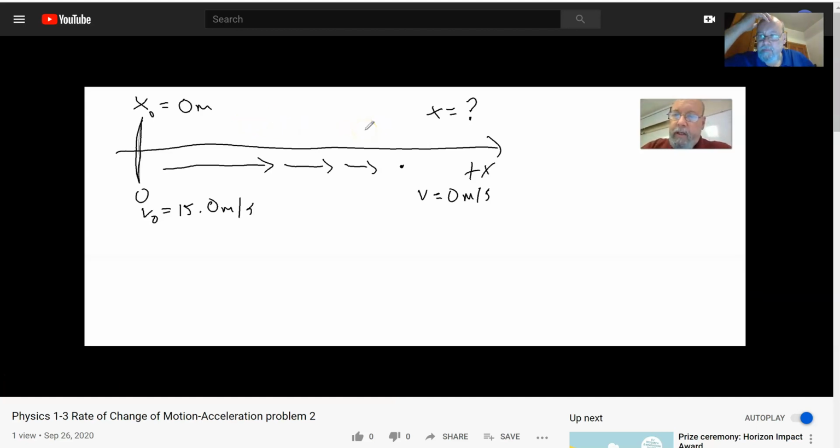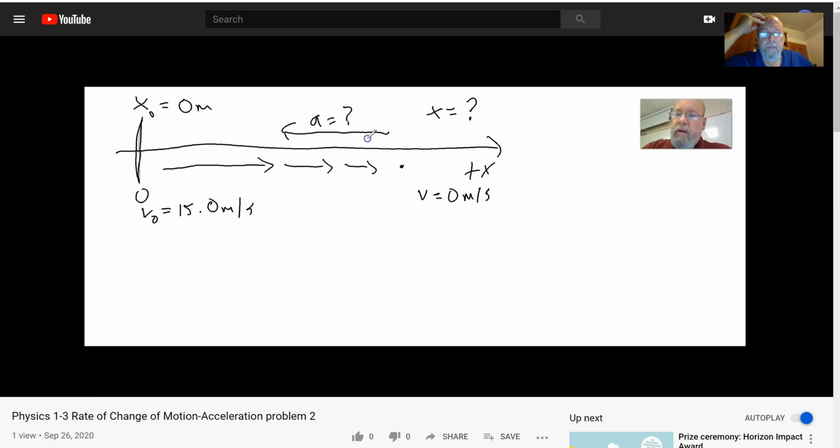So we need to add in an acceleration that's going to cause the car to slow down. And so what we're going to say is that the acceleration here is in a negative direction. Now the car is certainly decelerating, it's slowing down. At the same time, it's undergoing negative acceleration. Okay, and we want to find out what that negative acceleration is.